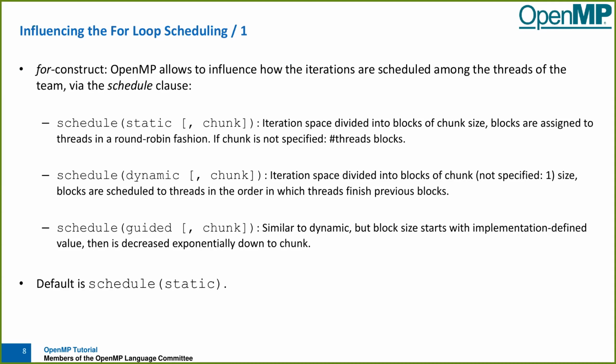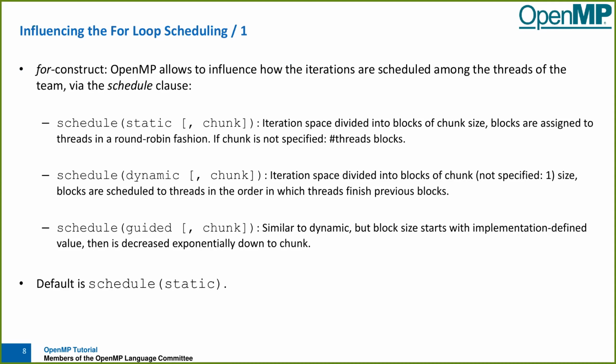If we specify a certain chunk size, yeah, the blocks of chunk size means as many iterations are being grouped together to form a certain chunk, and then the chunks are distributed to the threads in the round-robin fashion. This is good for all codes that access variables so that the caches pay off, unless the chunk size becomes too small. Yeah? But this is why static is a default.